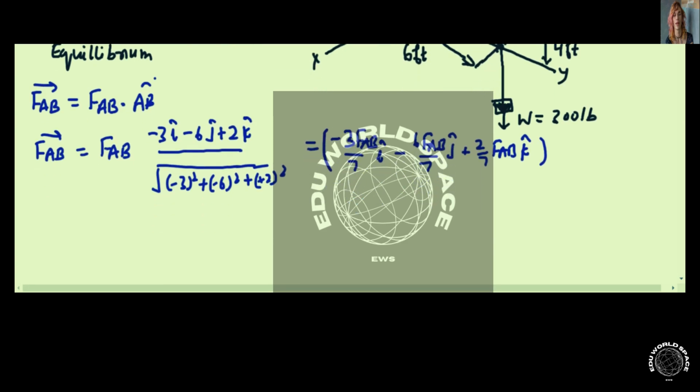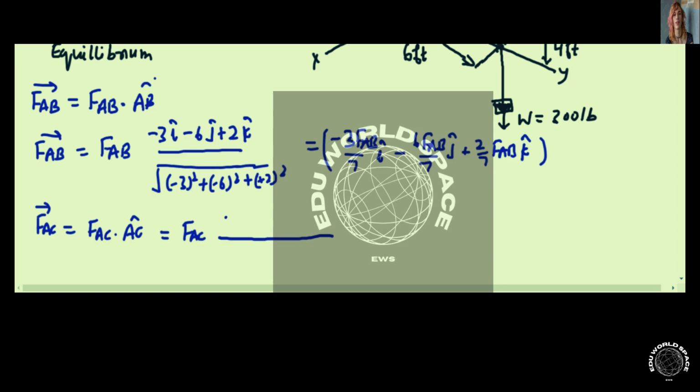Similarly, we will write the other forces. FAC force, magnitude of FAC to be multiplied with unit vector. So you may write FAC. We will form the AC vector. You have to follow the figure.